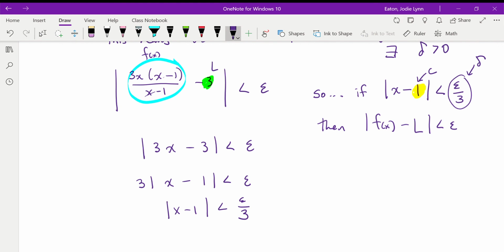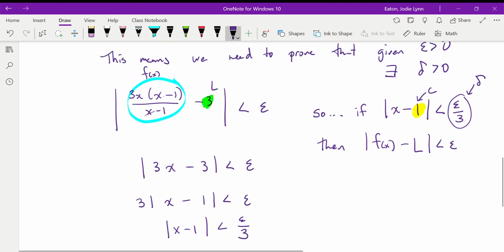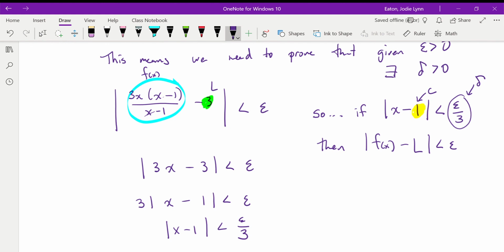All right. Now we have to show that our delta actually works. So we have our if, that this is true: the absolute value of x minus 1 is less than epsilon over 3. We have to work our way backwards. So we can multiply both sides by 3. Then 3 times the absolute value of x minus 1 is less than epsilon.